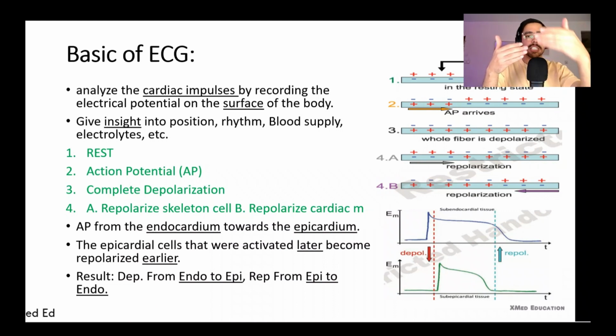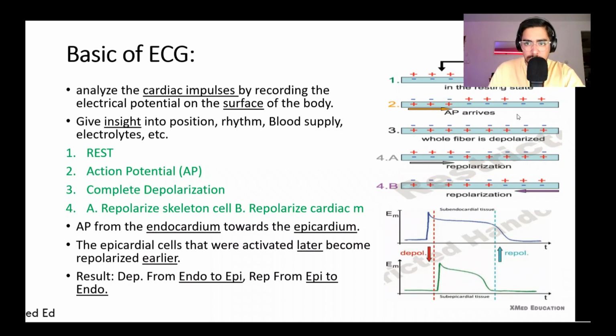So depolarization starts from inside the heart and goes outside to the surface of the heart. And repolarization happens in the opposite way. So repolarization happens from the cells that activated later, and so they start to repolarize and they go back.